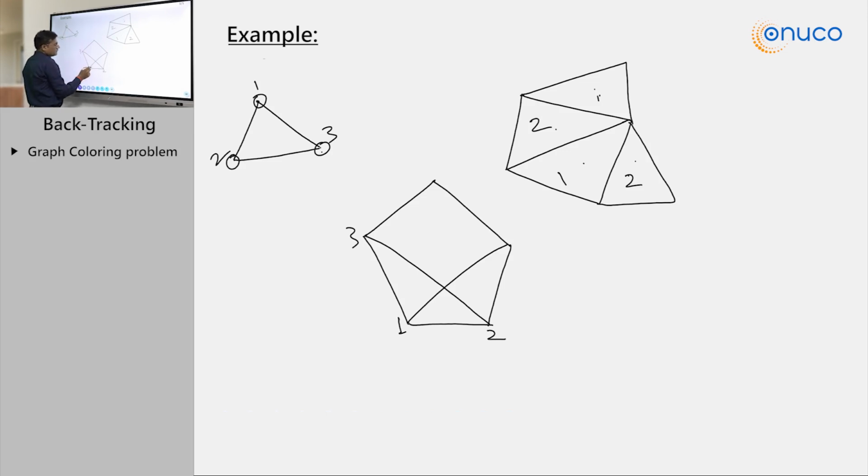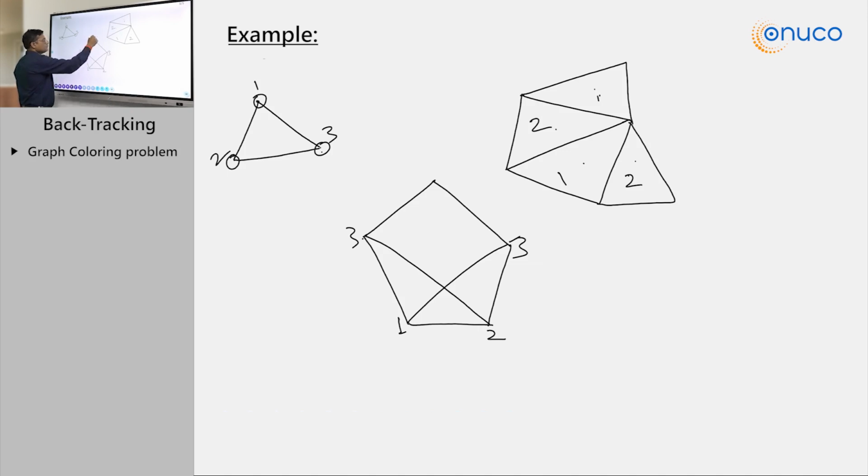Now look at this point: it is adjacent to 1, adjacent to 2, but not adjacent to this particular node. Hence this color can be the same as 3, because it is not internally connected. If it were connected, then you would have used a different color. But here it is not connected, hence we can use the same color.